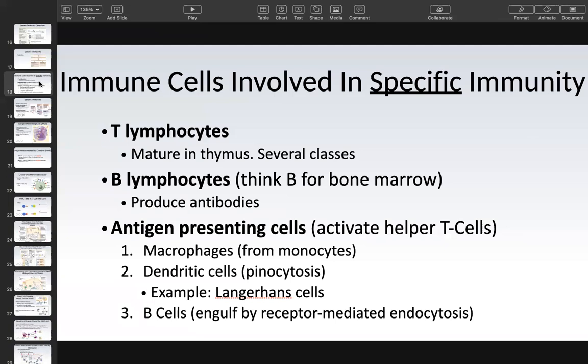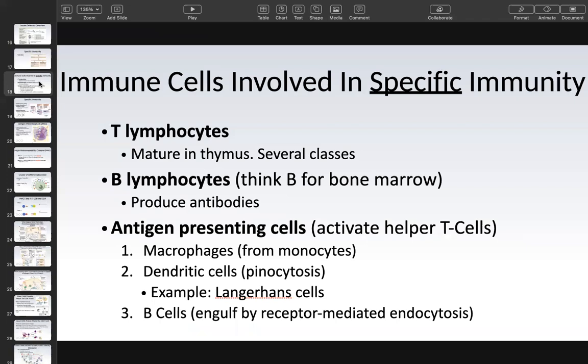There are two main types we'll talk about, CD8 and CD4, which also have specific names we'll cover in a later slide. They're called T lymphocytes because they mature in the thymus, which, if you recall, is the endocrine organ that's present in our pediatric patients, which then atrophy as they start the process of puberty.